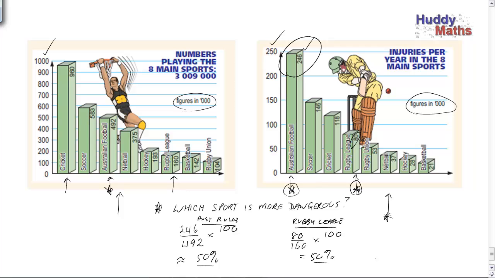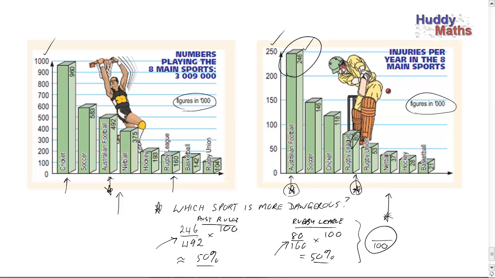They're actually the same amount of danger, or same number of injuries per 100 people. So we must have a reasonable comparison. And what's a reasonable comparison? Percentage. Let's change both of their proportions, 80 out of 160 and 246 out of 492. No common denominators, that'd be too hard. Change it to a percentage out of 100.